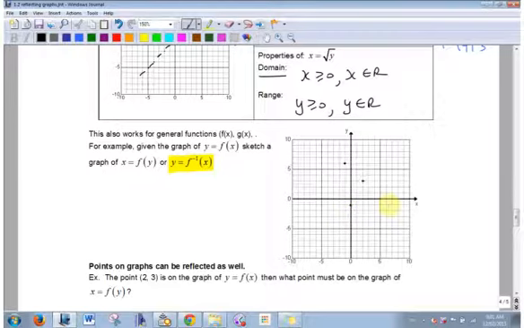And let's do one more point. Let's go -3 and -2. Okay? And then make a graph. Y equals f of x.